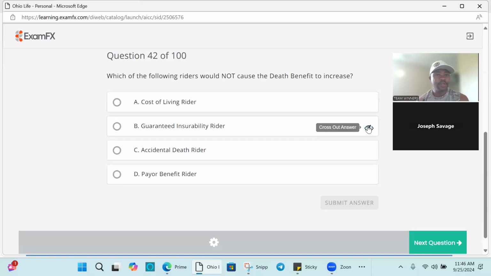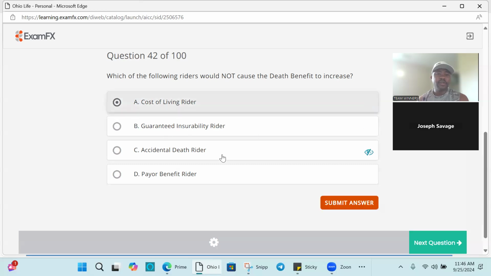The options are guaranteed insurability rider, accidental death rider, payor benefit rider. Which of the following riders would not cause the death benefit to increase? Cost of living rider. So what does C mean?